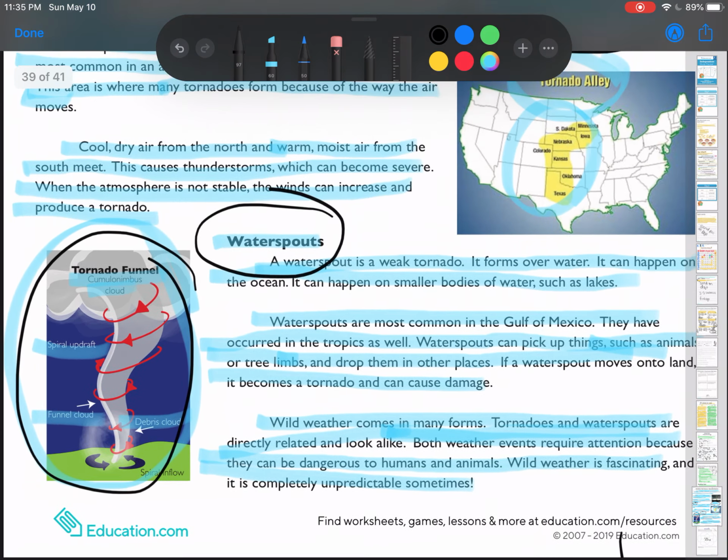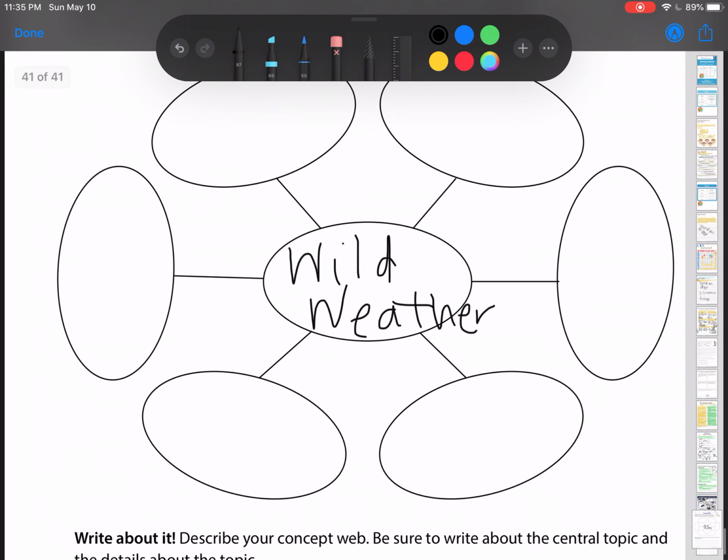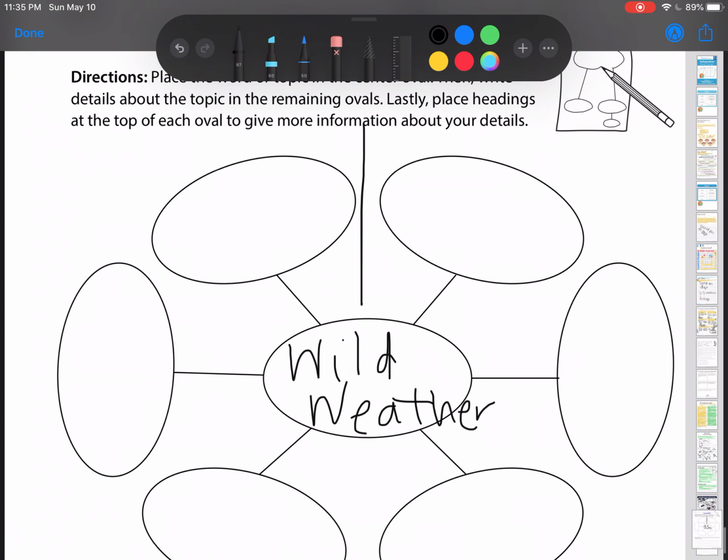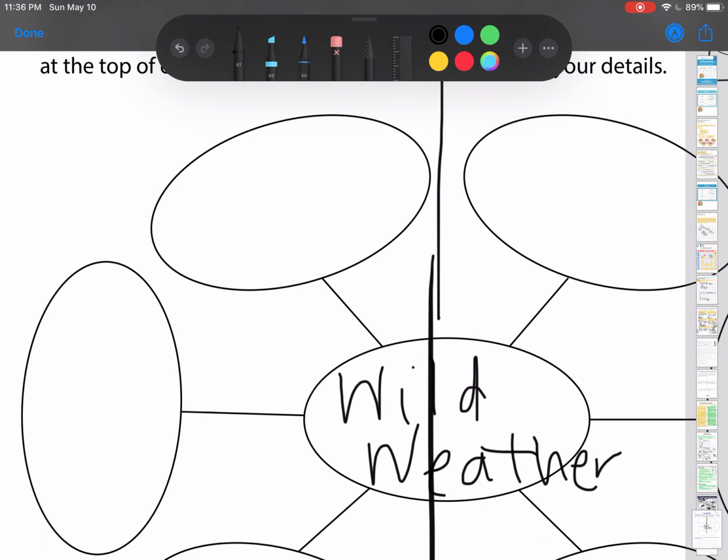All right. So I'm going to do some of these with you, and you can do the other ones by yourself. I'm going to do 3 of them. I'm going to draw a line down the middle, and these are the 3 that we're going to do. So, let's see. We have the Gulf of Mexico.